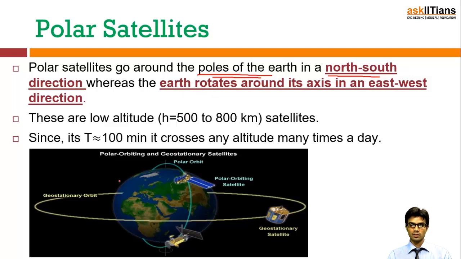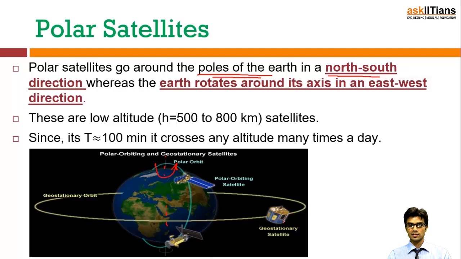This is the axis of the Earth's rotation, and this is the rotational direction. Earth rotates about this axis, and this is the polar orbiting satellite, and it revolves from pole to pole, from the north pole to the south pole.